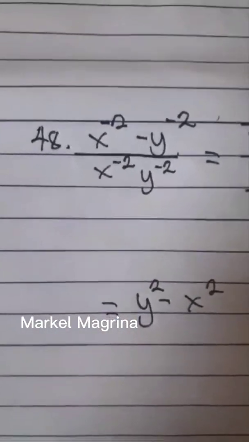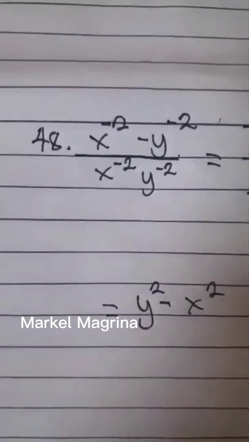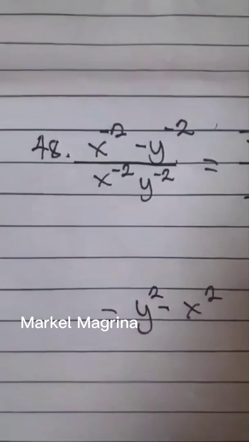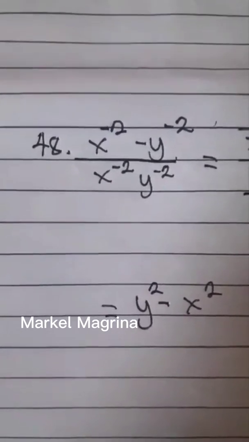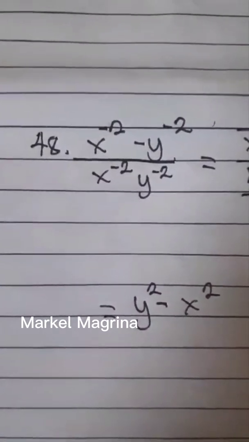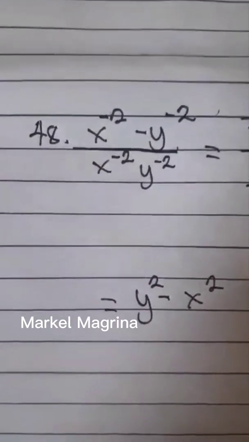Number 48. The equation for number 48 is x to the power of negative 2 minus y to the power of negative 2 over x to the power of negative 2, y to the power of negative 2.